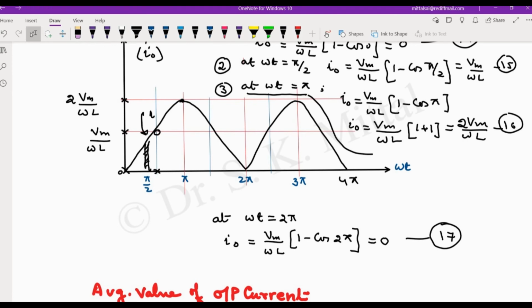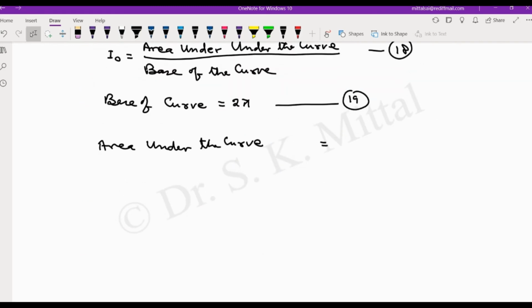This I represent by I0, and here the thickness of this strip is considered d omega t. You can refer in detail this method of calculation in resistive load case.